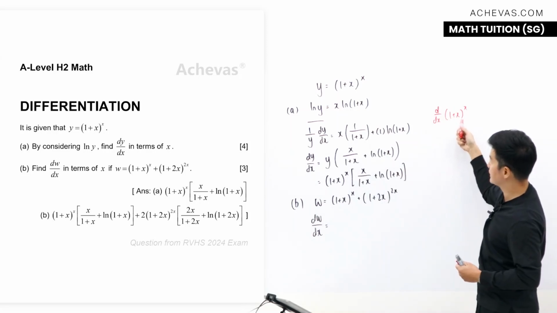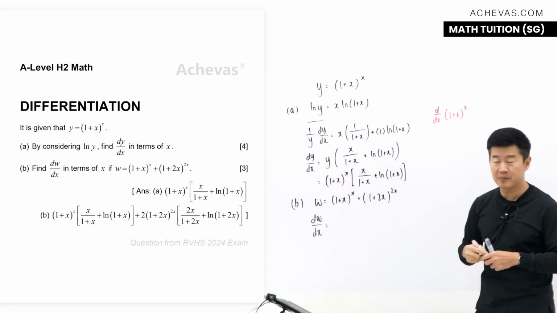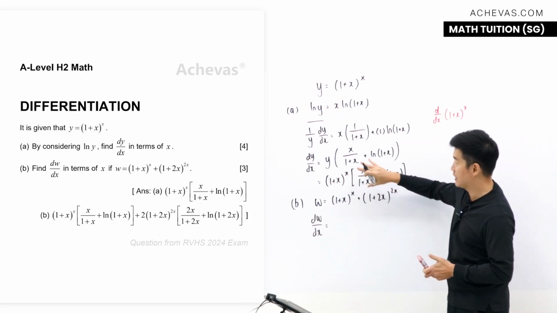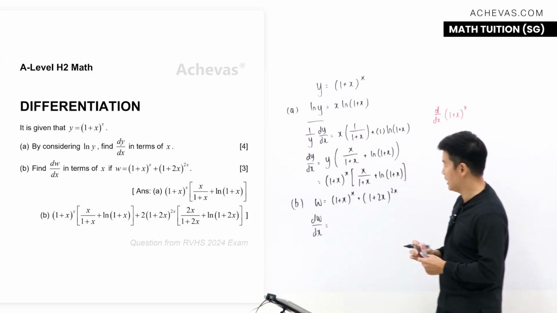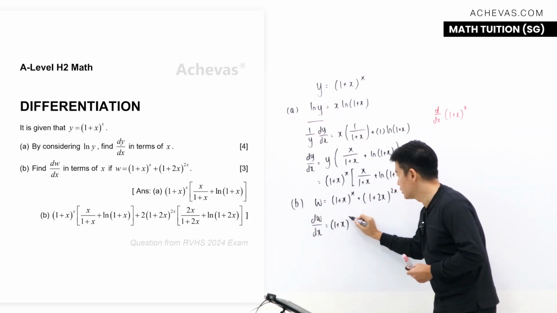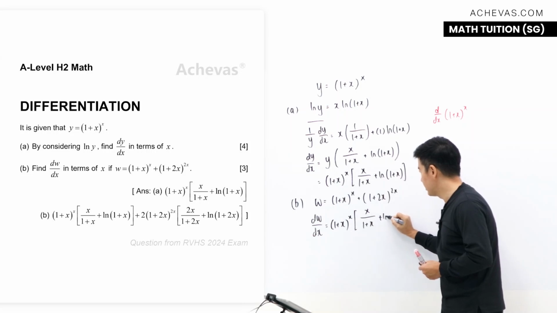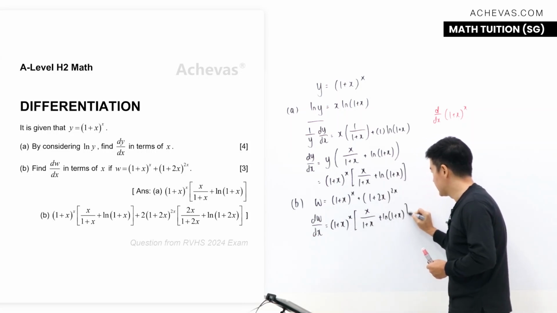So we are just taking the answer directly from part A. It is going to be (1 plus x) to the power of x, then x over 1 plus x plus ln(1 plus x).